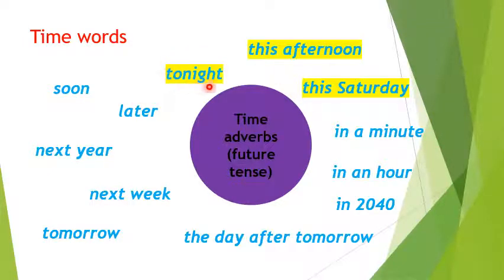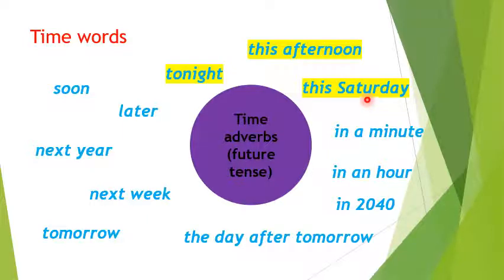Of course, tonight, if you are speaking in the morning, in the afternoon, it hasn't happened yet. You can use future tense. Same for this Saturday. If today is Monday up to Friday, then of course you can use Saturday because it's talking about the coming Saturday in the future.